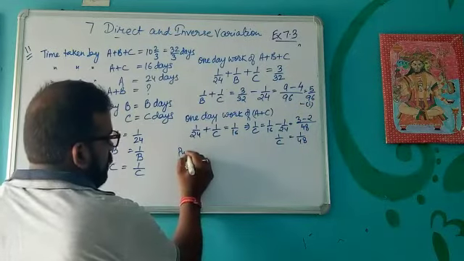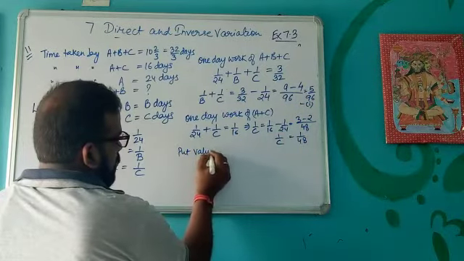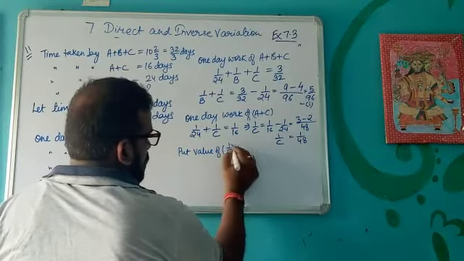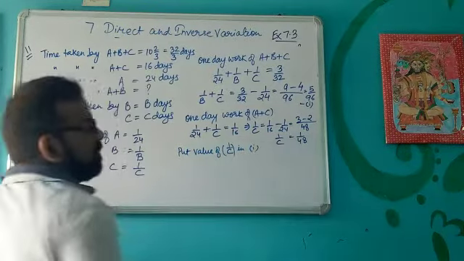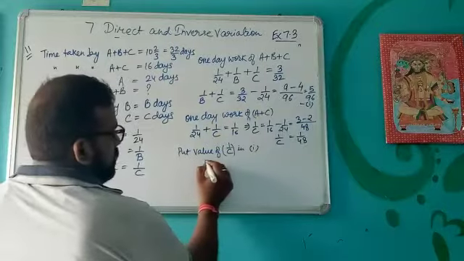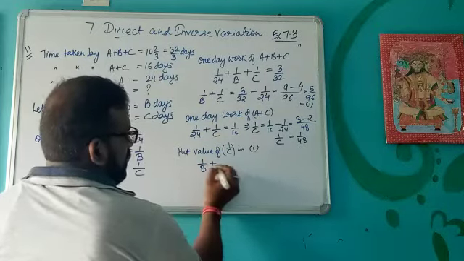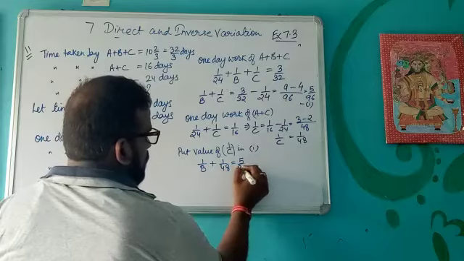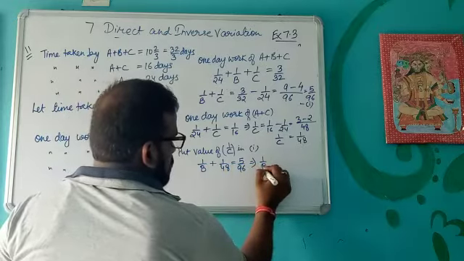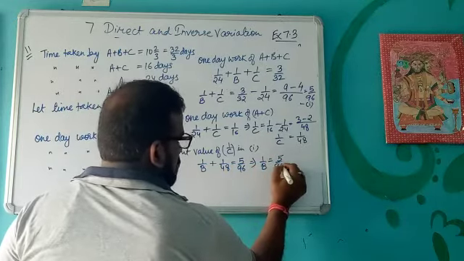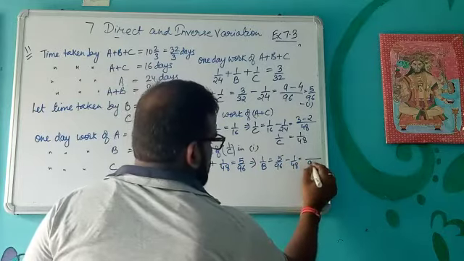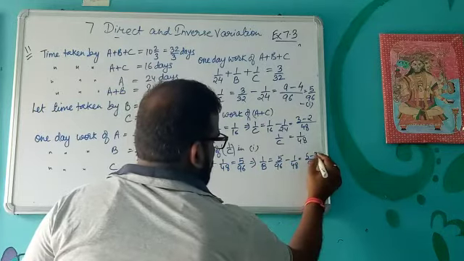So we will put the value of 1 upon C in the first equation. That is 1 upon B plus 1 upon 48 equal to 5 upon 96. Okay, then again we will take the LCM. 5 minus 2.